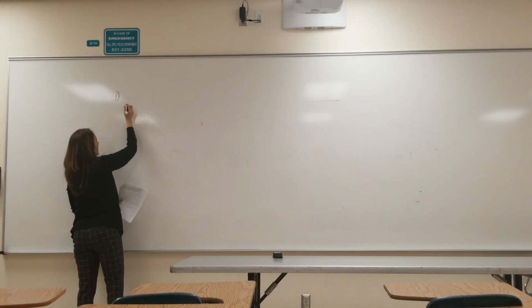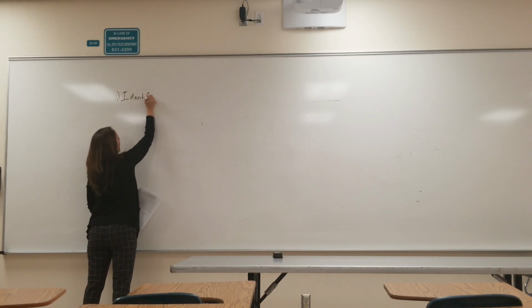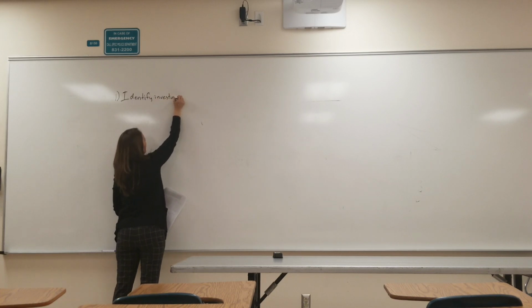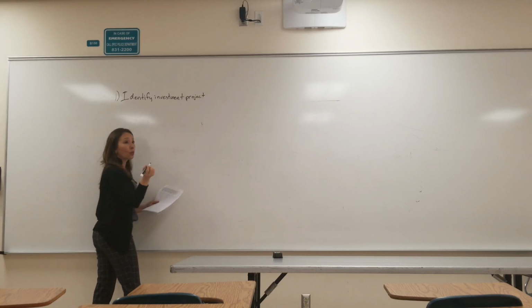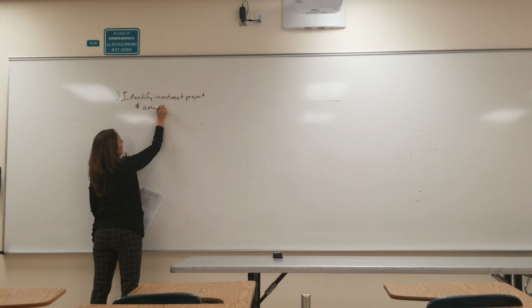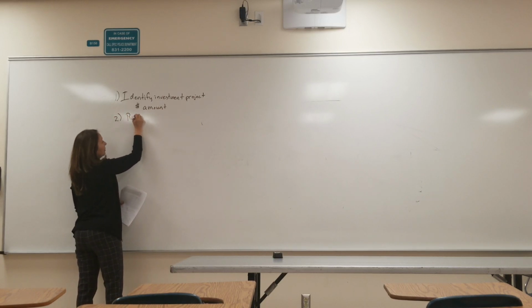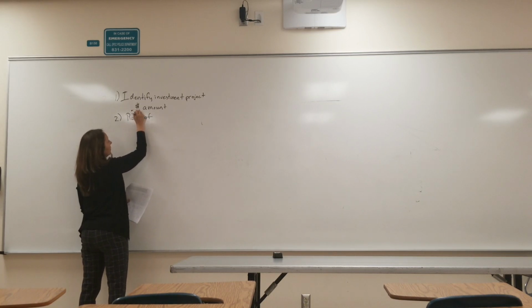So let me write the steps up for you. One, we're going to identify projects. We want to know what is the dollar amount, and we want to know the expected rate of return.